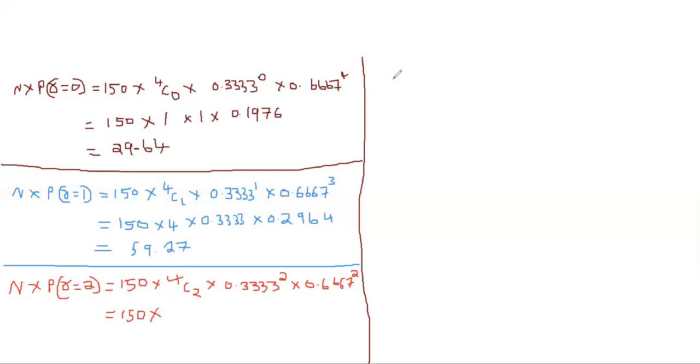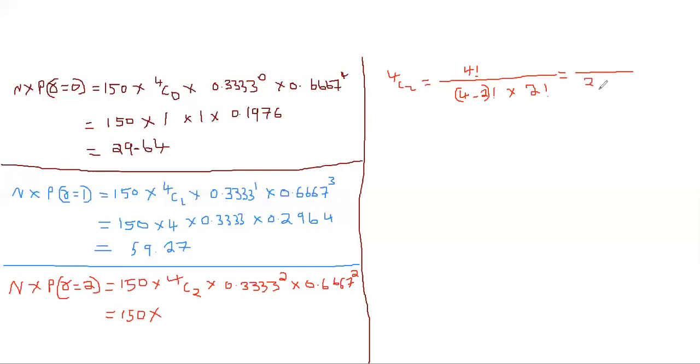So 4C2, let us find it out here. 4C2 is equal to 4 factorial divided by 4 minus 2 factorial into 2 factorial. So how much will you get? 4 minus 2, 2 factorial you're getting.